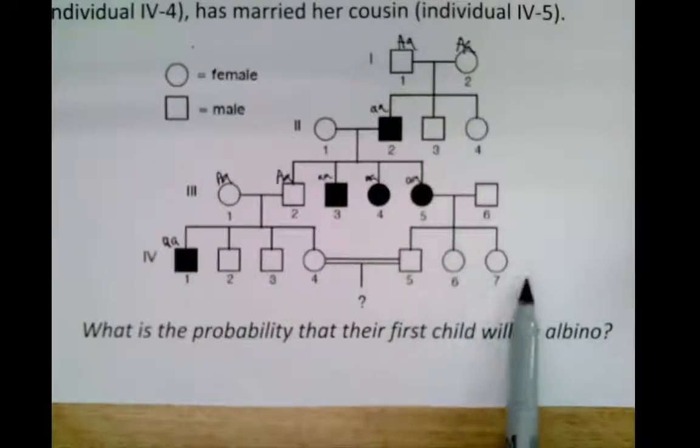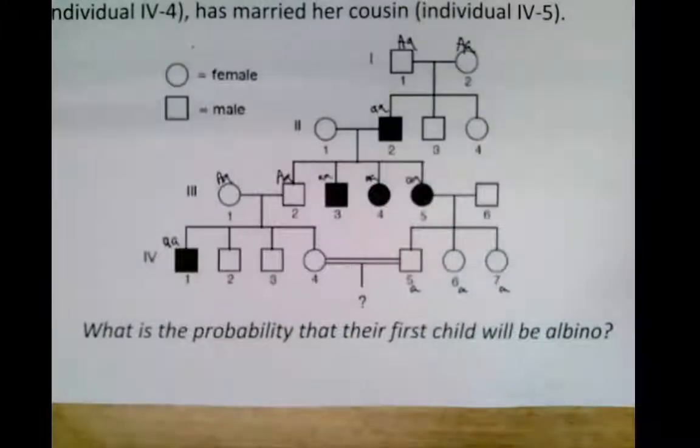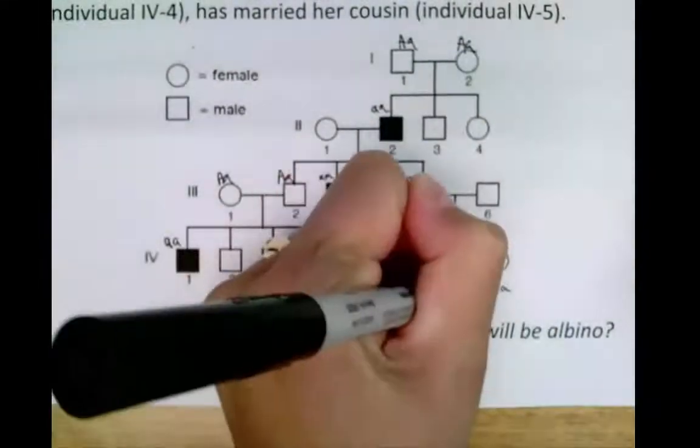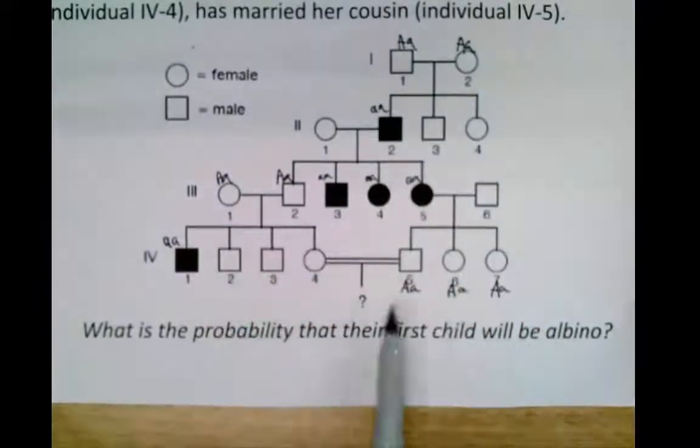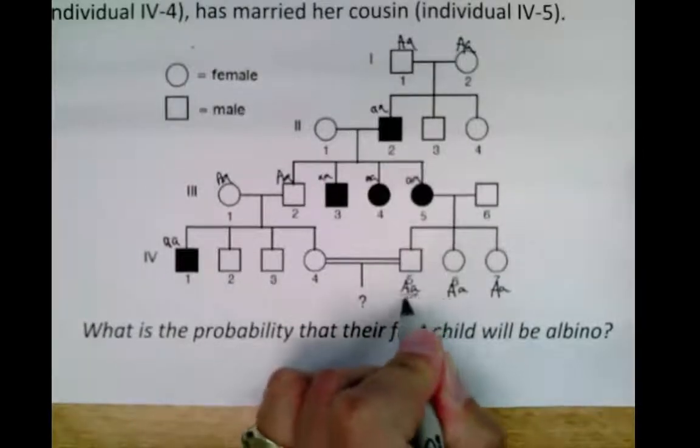All of her children are going to have one little a, and since they are not affected with the disorder, we know that they each got a big A from their dad. So the question is, what is the probability that the child of these two individuals is going to have albinism? We know that the father is definitely a carrier at this point.